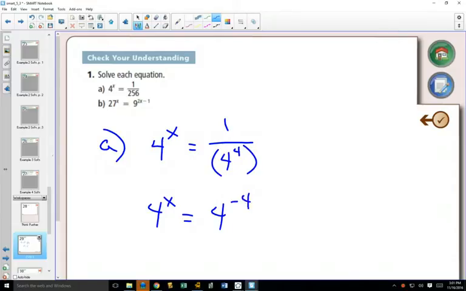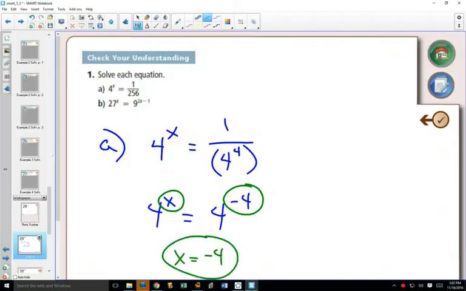And so we're going to use all of our exponent laws until we get to this point, where you've got an equation where both sides have the same base, and if both sides have the same base and they're equal, that means that the exponents must be equal as well. And in this case, that means that x has to equal negative 4, and we're done.